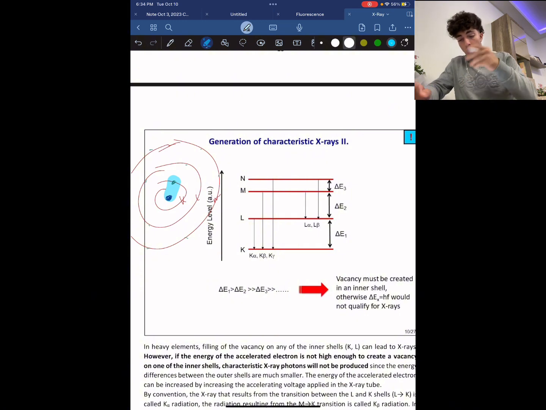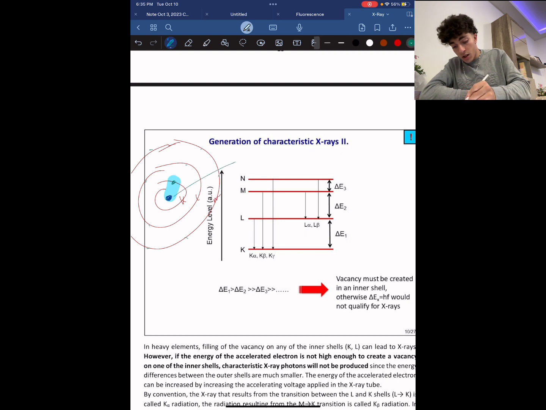We have a positive and a negative. Positive in the nucleus, negative as the electron. They're very, very tightly bound to each other. So it requires a lot of energy to ionize the electron, okay? Therefore, there's a great deal of energy in between it, okay? There's a great deal of energy.